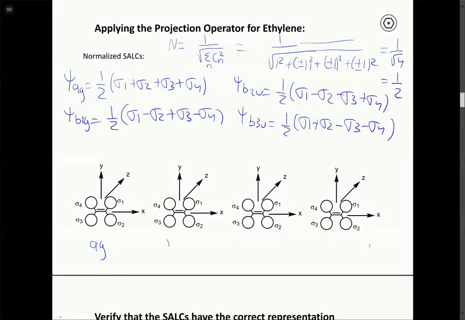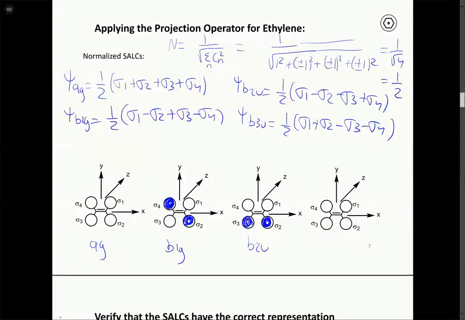And then for B1G, we get sigma 1 is positive, sigma 2 is negative, sigma 3 is positive, sigma 4 is negative. So this is a G SALC, so the ones that are related by inversion have to have the same sign. And then for B2U and B3U, we're going to end up with, for B2U, negative phases for sigma 2 and sigma 3, so we'll color those ones in.